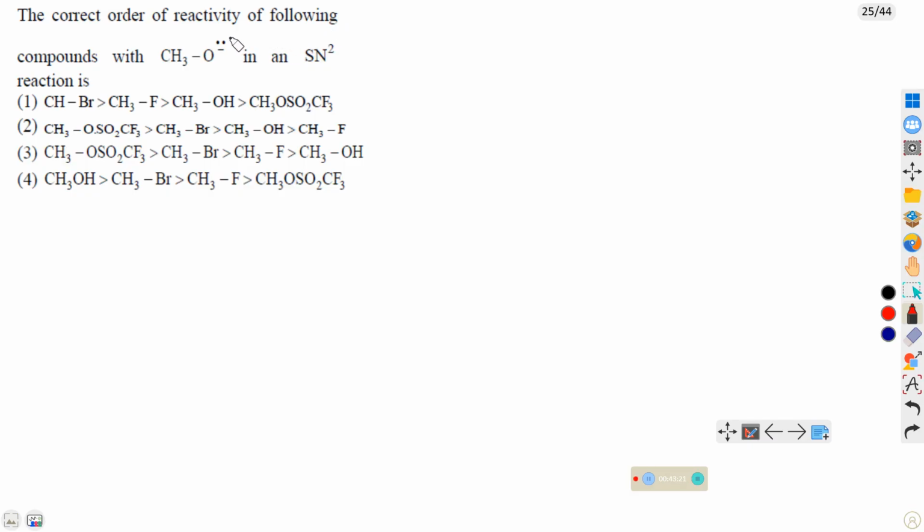Correct order of reactivity of the following compounds with CH3O minus in an SN2 reaction. Reactivity.